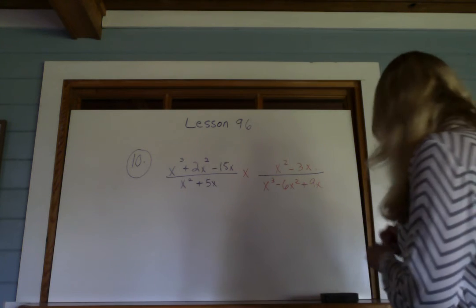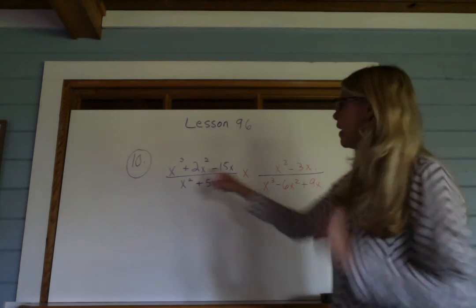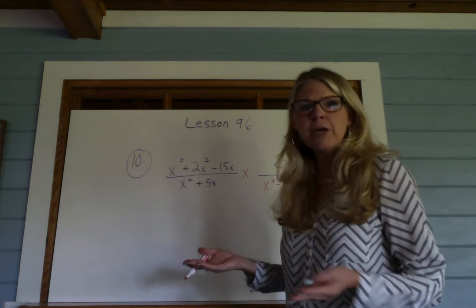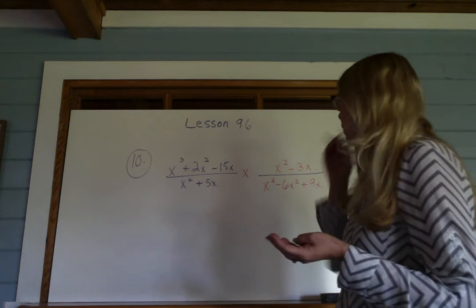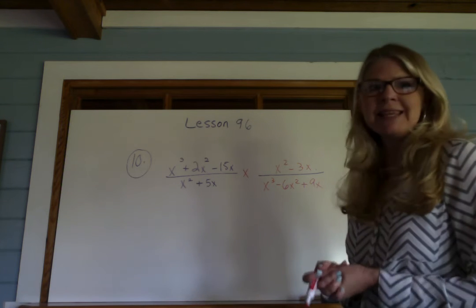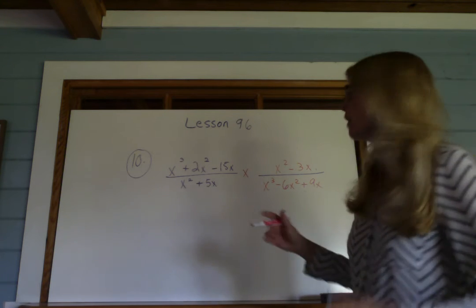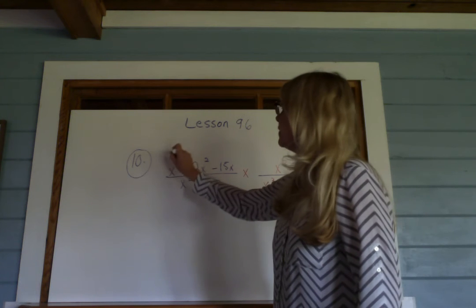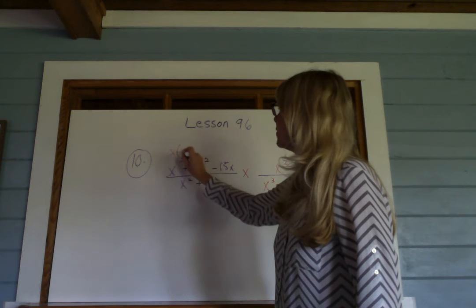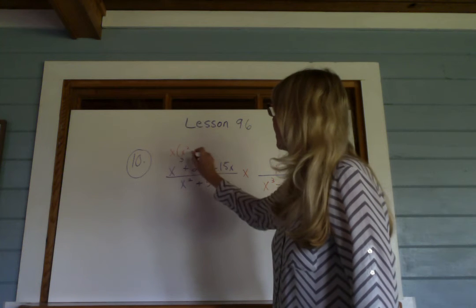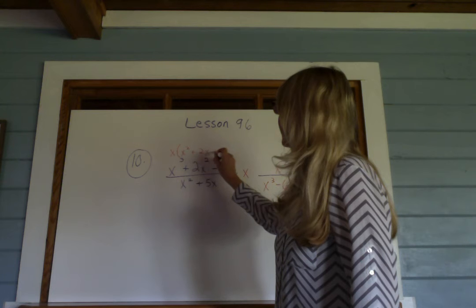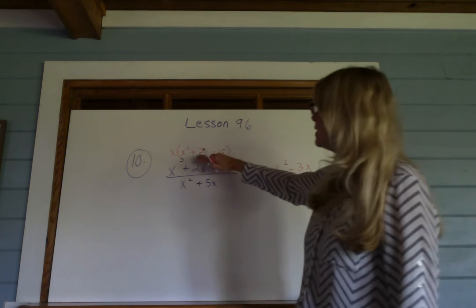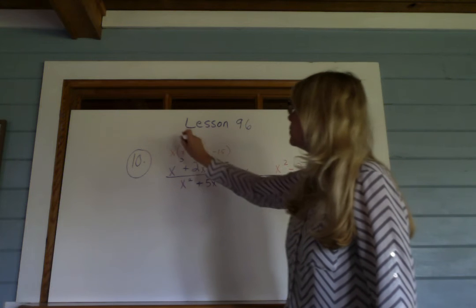All right, so now we can go into simplifying our trinomials. And first of all, we always want to see if we can factor anything first, if they have anything in common. So we got an x here, x here, x here. So definitely we can factor out an x first. x squared plus 2x minus 15. All right. Then let's see, can we even simplify this trinomial? Yes, we can.